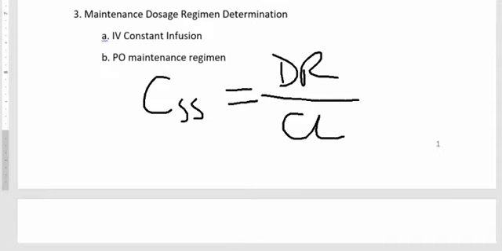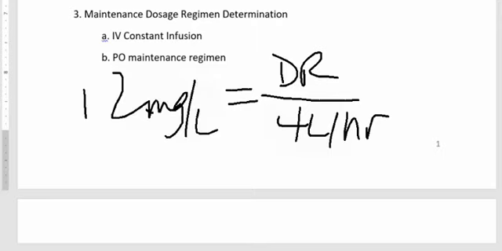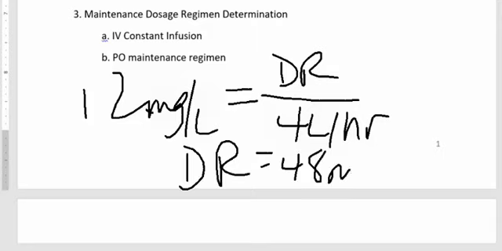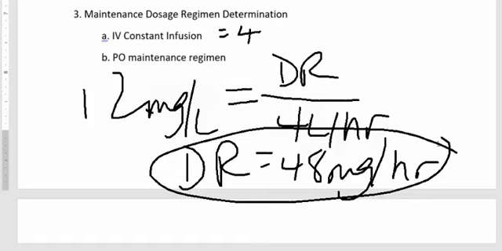We already figured out that our patient's population guess is going to be 4 liters per hour, and we know that our target concentration that we want is 12 milligrams per liter, right? So our dose rate is going to be 48 milligrams per hour. So that's our constant infusion, isn't it? 48 milligrams per hour. We're going to just infuse it at 48 milligrams per hour.